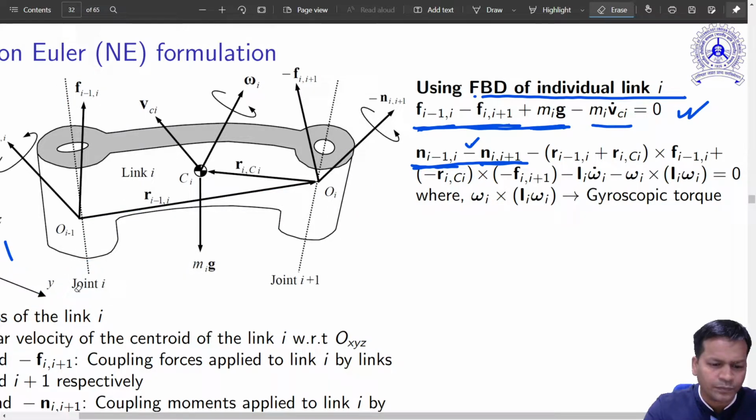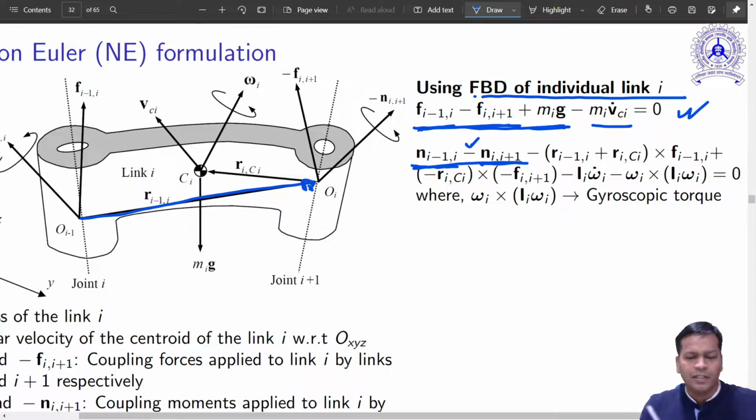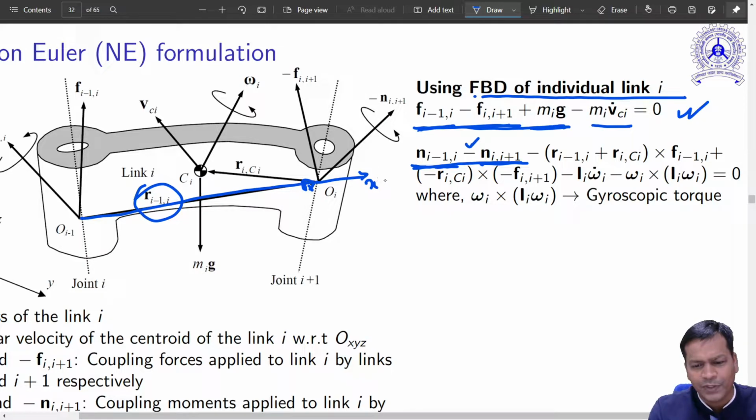So this vector is very well known. You know the link length, that is the distance between two z_i axes, you already know the DH parameters. That means if you know the x_i axis, x axis of the link itself, that is basically directed over here, and the distance between them is its magnitude.